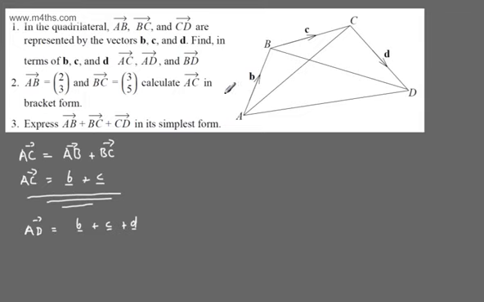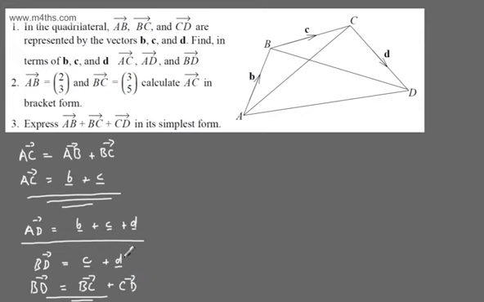If we wanted B to D, we can go from B to C and C to D. So the vector BD is simply going to be the vector C plus D. Let's write this out: B to D is B to C, which we know, plus C to D. Now I've gone round each time.